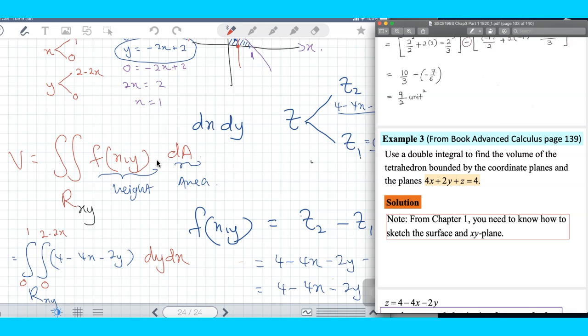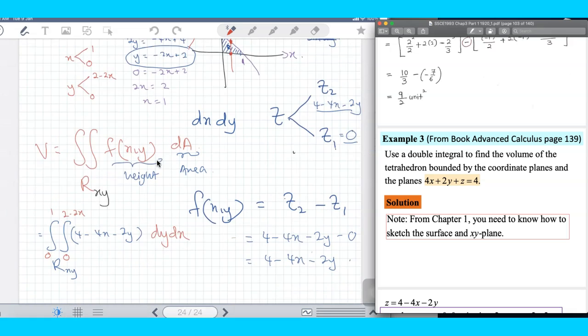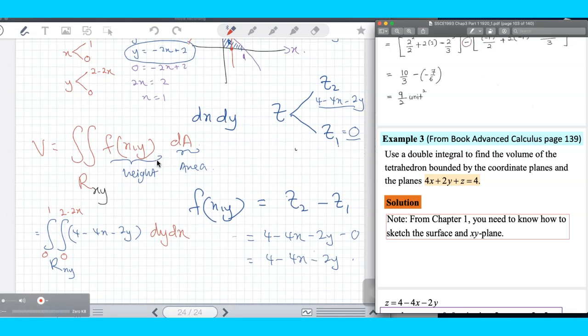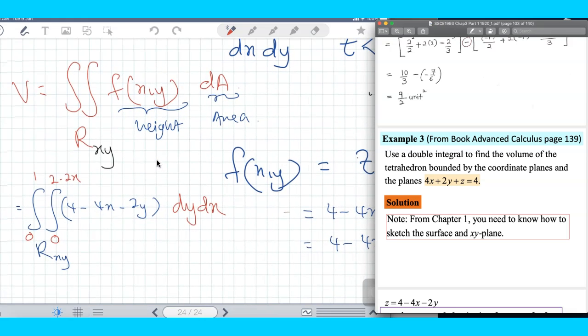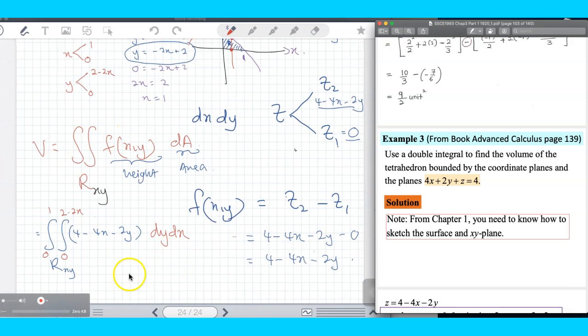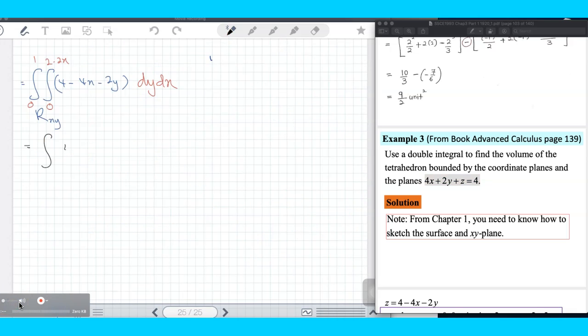So now we have a complete double integral. Then we can determine the volume. Next we have to integrate with respect to y. Not x but y. Okay, y equal to 0 to y equal to 2 minus 2x, dx.